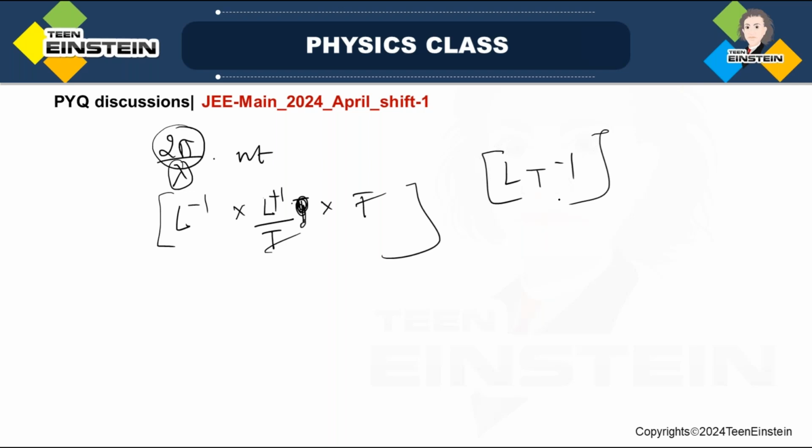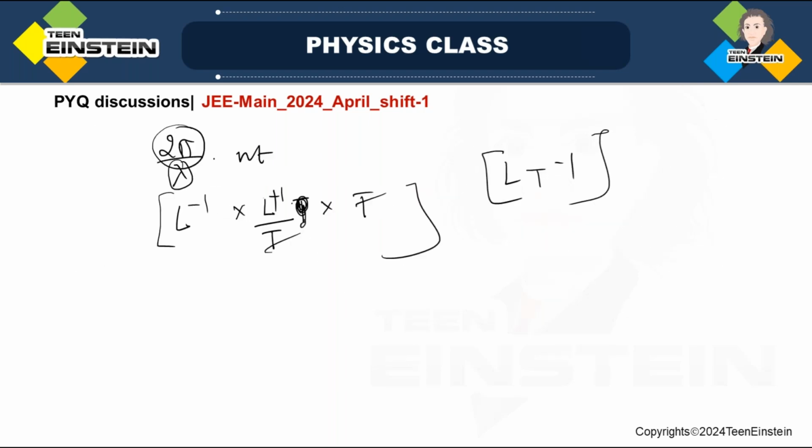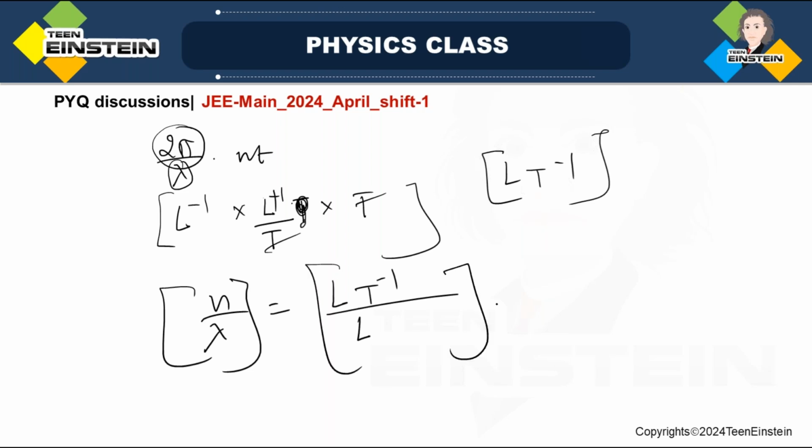Now one option is given n by lambda, right? N by lambda is T. Let us see, n is L to the power minus 1 and dividing by lambda gives this, so I have got time inverse actually. But here it is given only time.